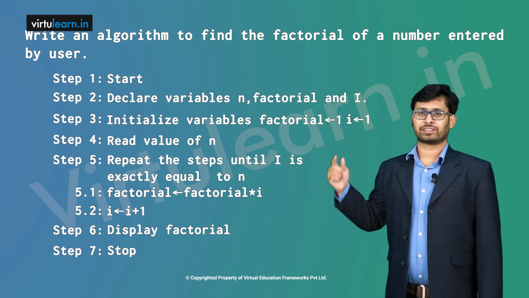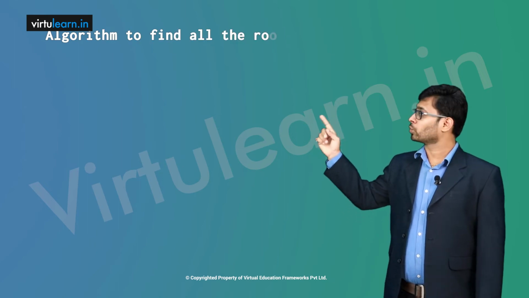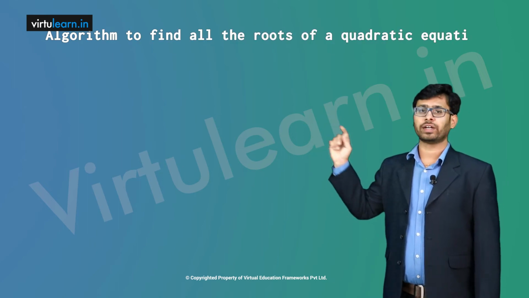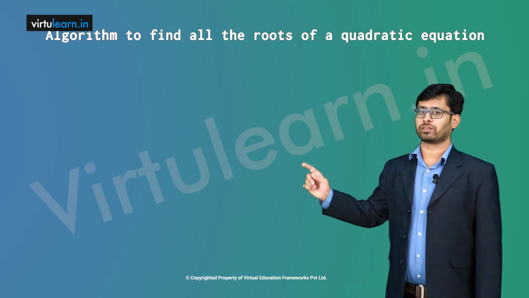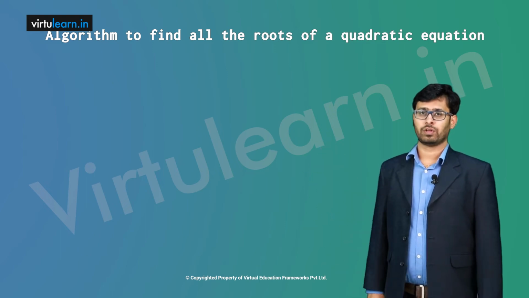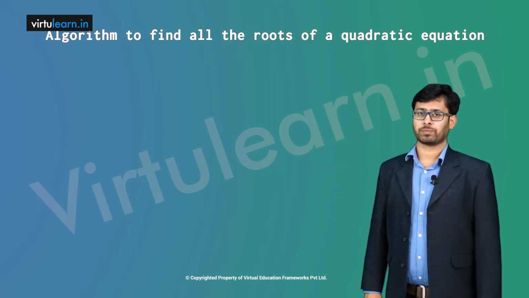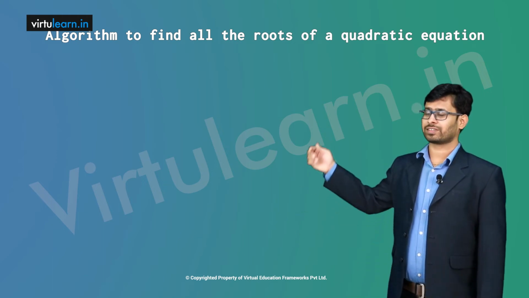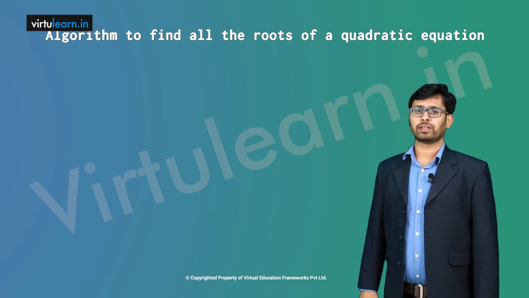Let us see the next example. Algorithm to find all roots of a quadratic equation. A quadratic equation is nothing but ax square plus bx plus c. So we need to find the roots of this particular quadratic equation. In order to find the roots, first let us understand the step-by-step process for implementing the algorithm.